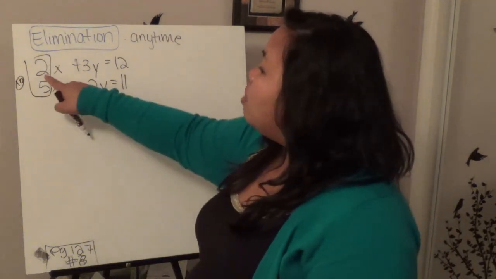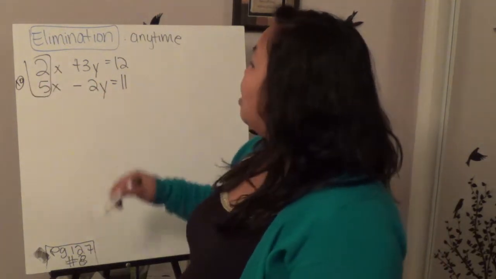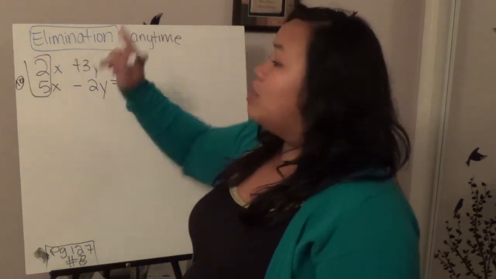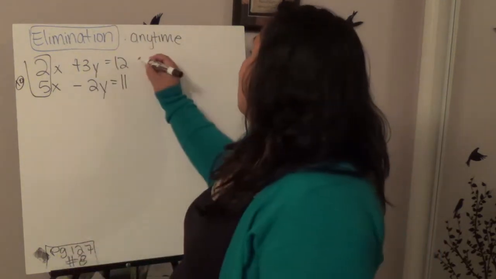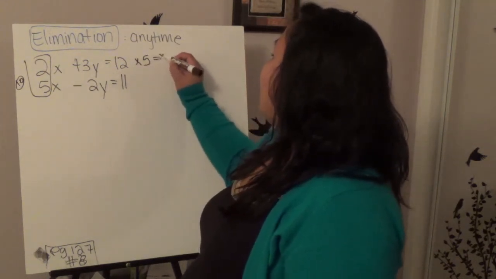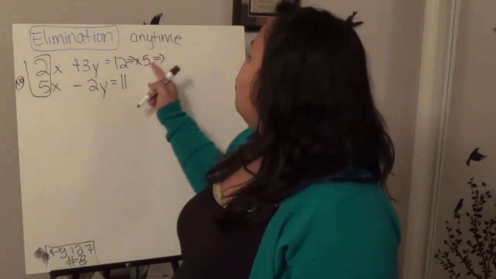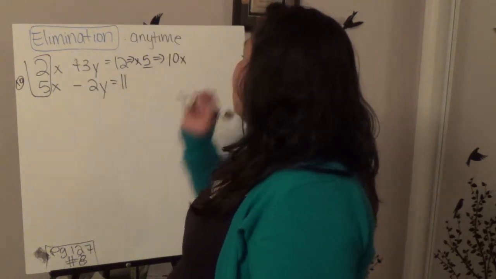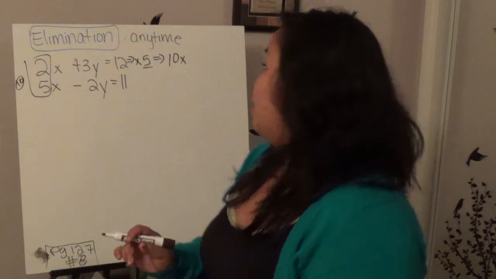So in order for me to turn 2 into a 10, I have to multiply it by 5, right? 5 times 2 is 10. So I want to multiply this entire equation by 5. So 5 times 2 equals 10x. Now as long as I do it to everything, it's fine.